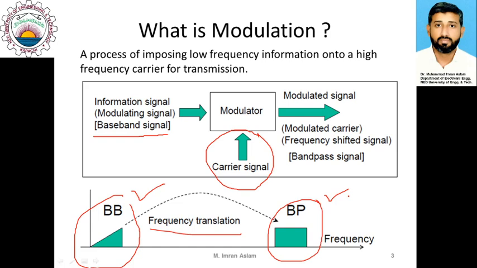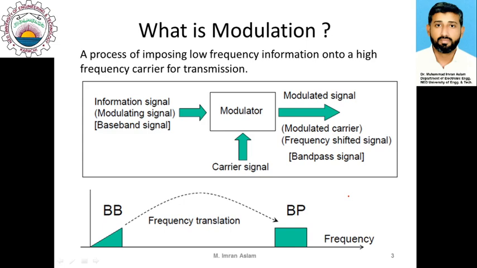We modulate that high frequency sinusoidal carrier by using the information signal, so that the overall signal becomes a high frequency modulated signal which contains the frequency shifted version of the original baseband signal. This is generally called a band pass signal.